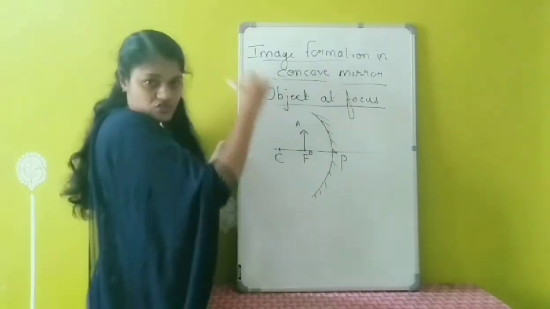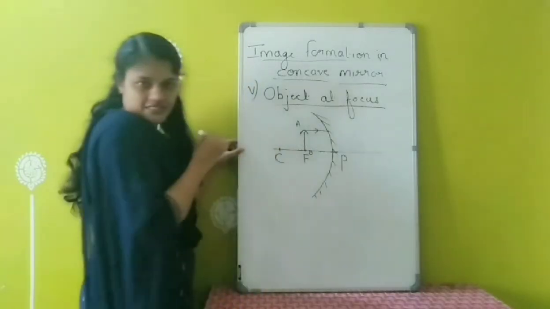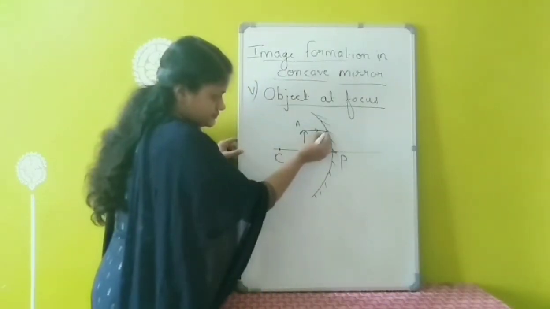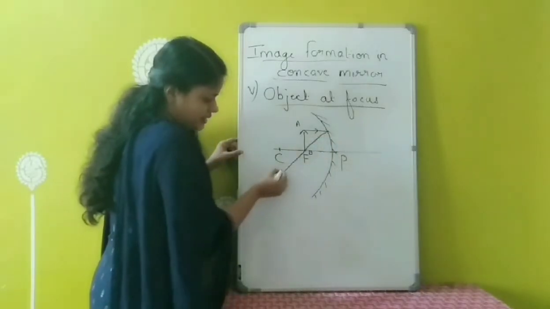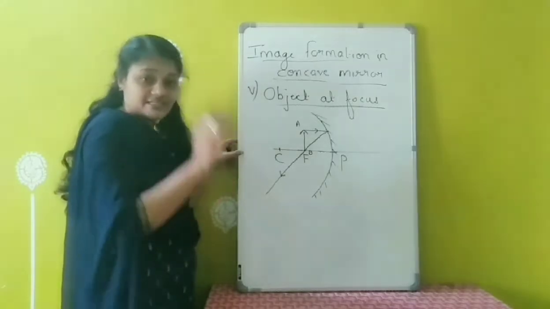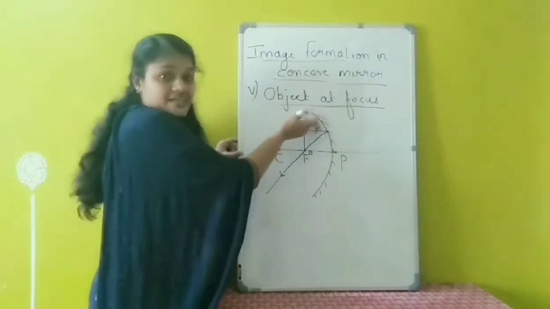I am taking the first rule: a light ray passing parallel to the principal axis, after reflection passes through the focus. Similarly, I am taking another light ray, the third rule: a light ray passing through center of curvature retraces its path.